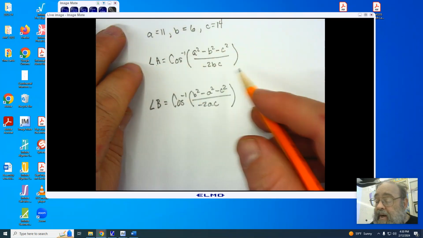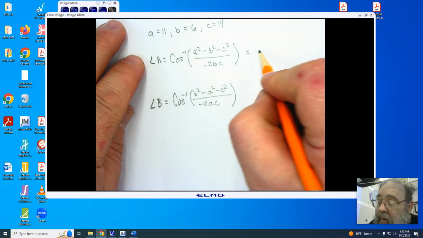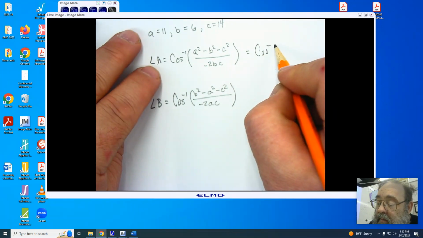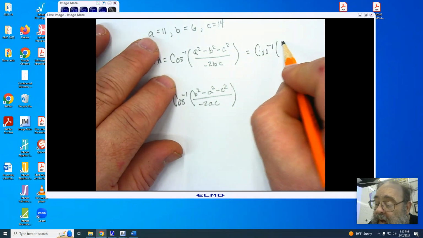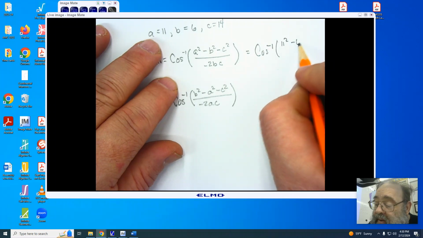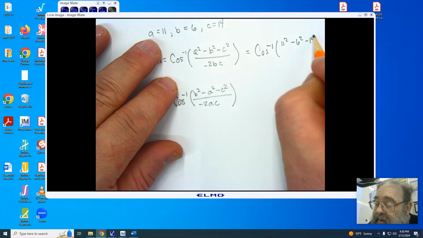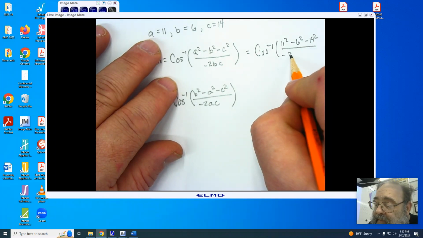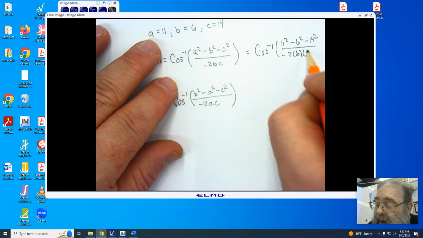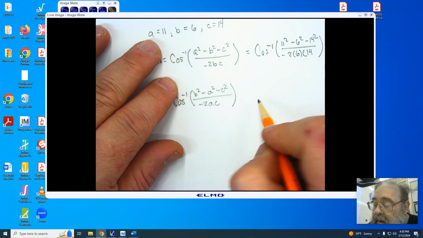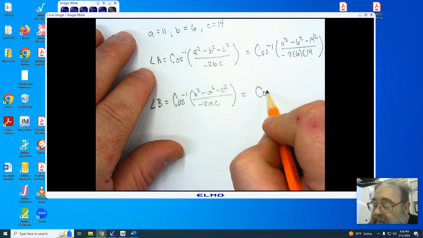Now we have the information we need to put this in. So we're looking at the arc cosine of 11 squared minus 6 squared minus 14 squared divided by negative 2 times 6 times 14. For this one, we know we have the arc cosine.